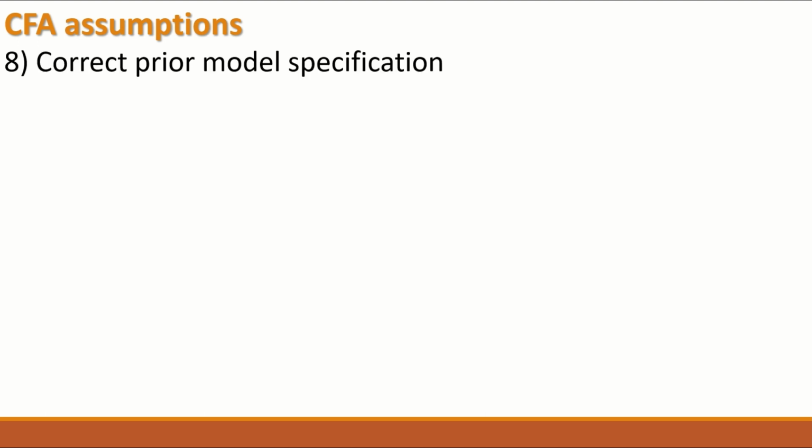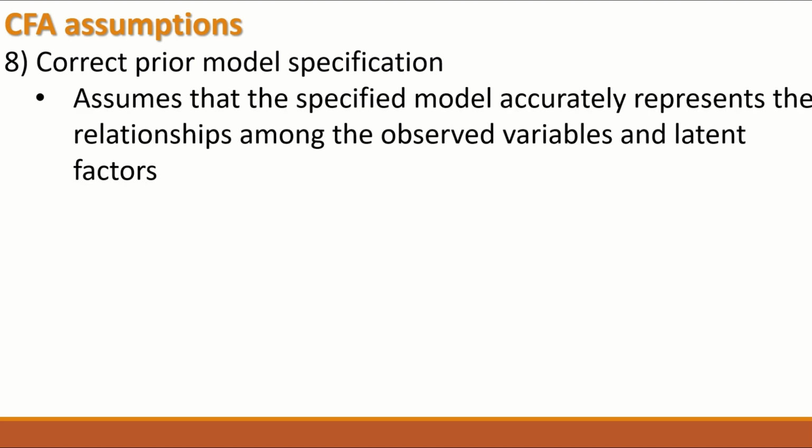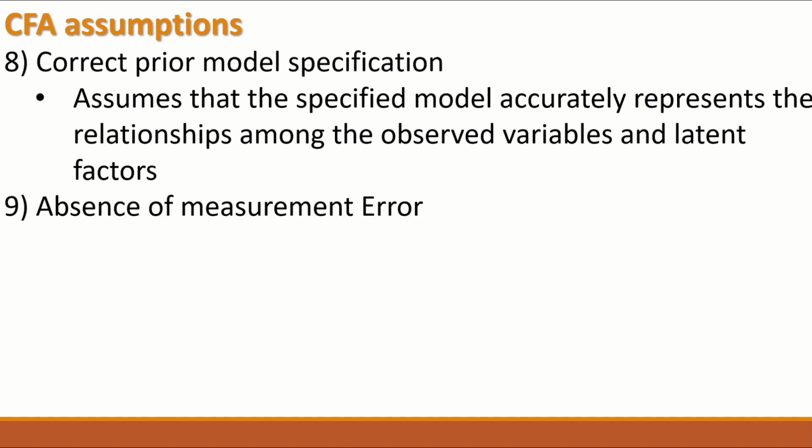The eighth assumption is that there should be a correct prior model specification. There should be a model with known factors and known items that load to each specific factor. It assumes that the specific model correctly represents the relationship among the observed variables and the latent factors extracted from an outcome from the exploratory factor analysis.